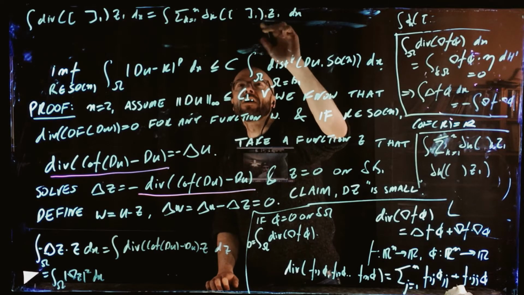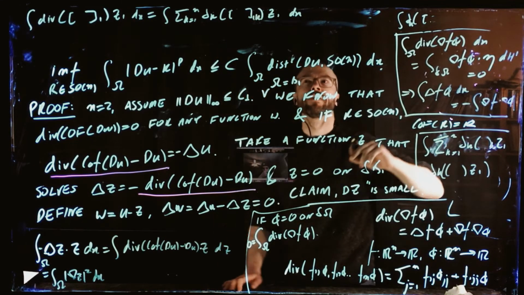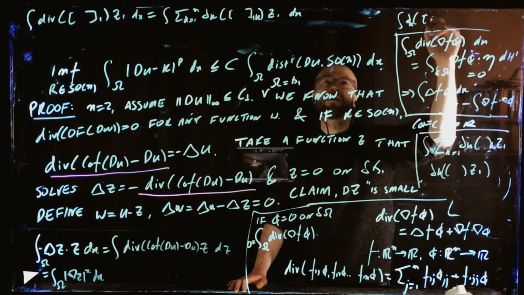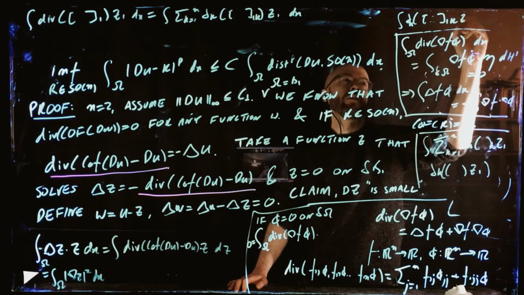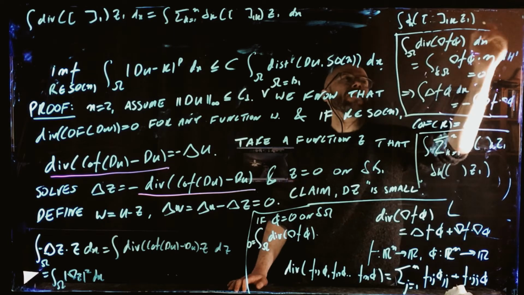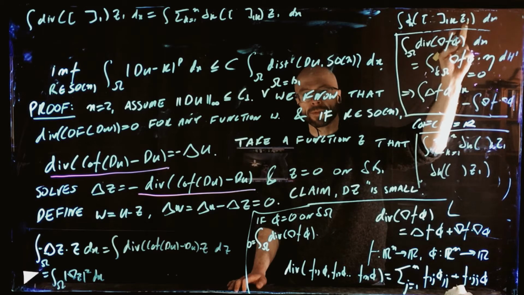How do I write that? I'm going to write that like 1k. So it's the first row and the kth component of it. So if we take the partial of the first row, the kth component, times z1 like this, then the integral of this is equal to 0 because this is 0 on the boundary.